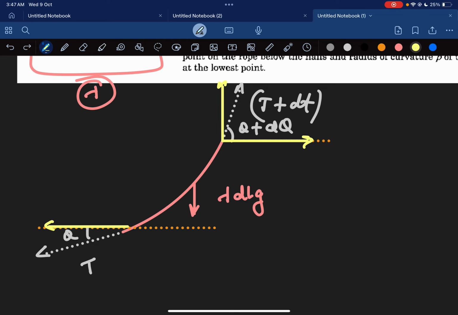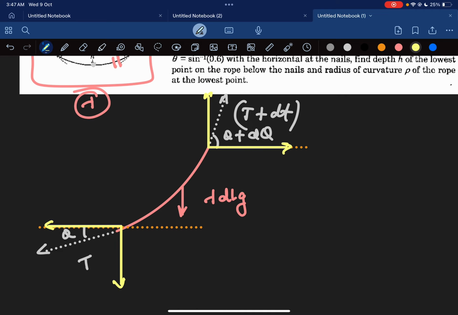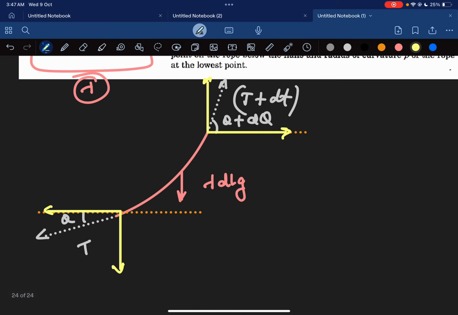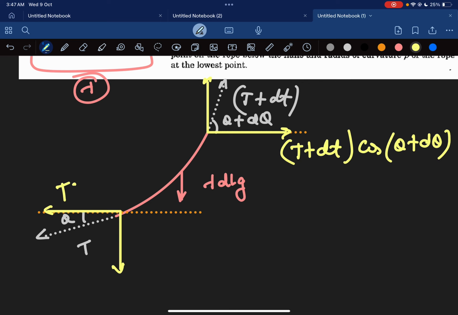Okay, so what's the vertical component? So I can say that my weight is acting downwards, and there are only two forces acting, and those two forces are also opposite to each other, right? So here is t plus dt cos of theta plus d theta, and here it is t cos theta.